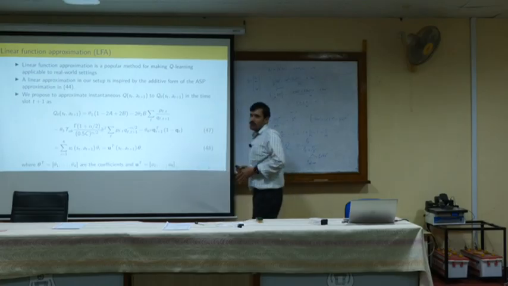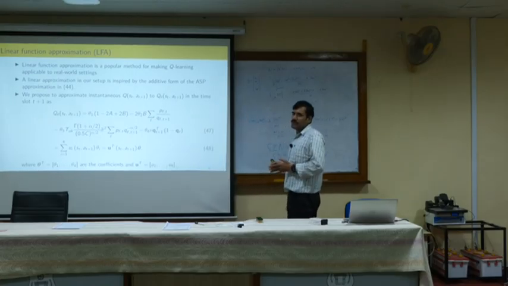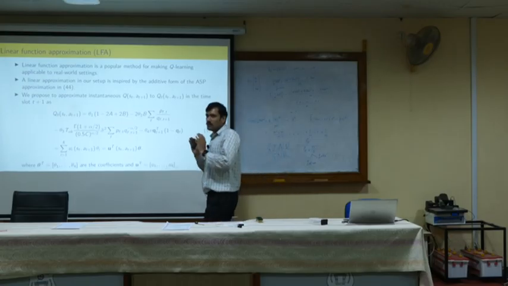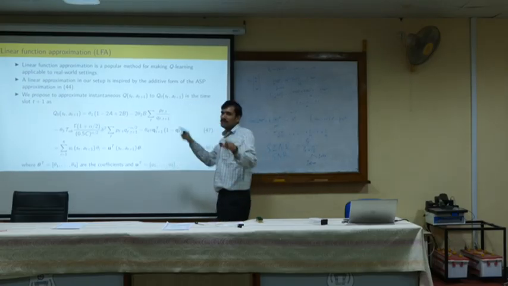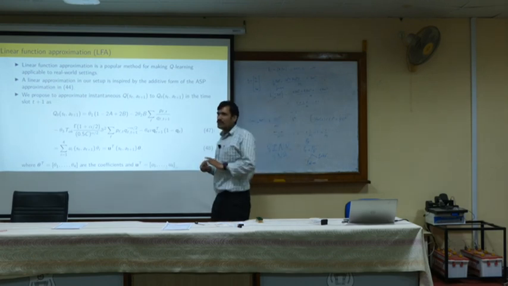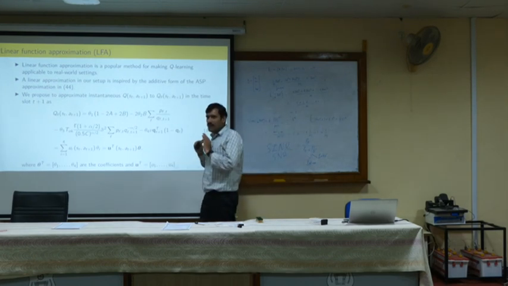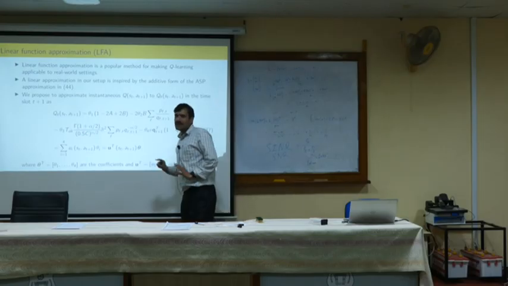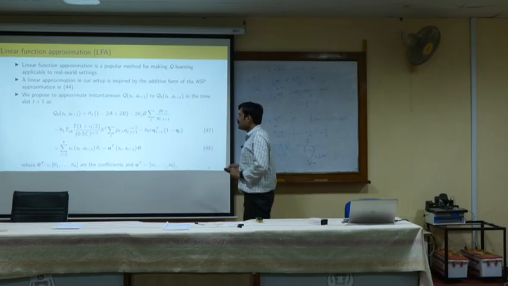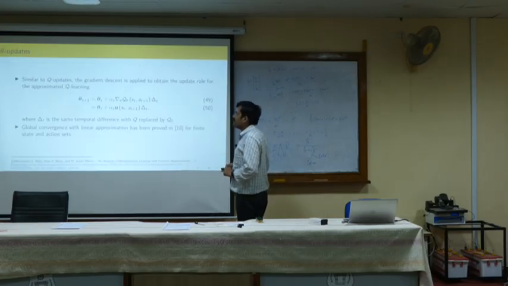So it will not take long to converge, and I will get some good rewards from the start instead of zeros. My matrix is filled with some values from the start as soon as theta gets some value. So that's the idea for linear function approximation.